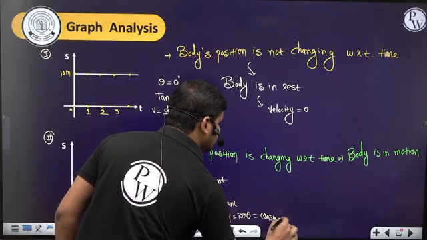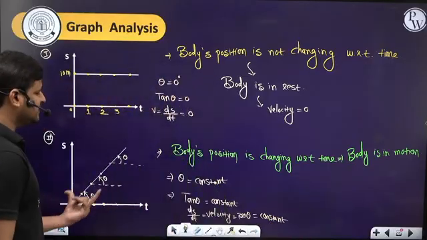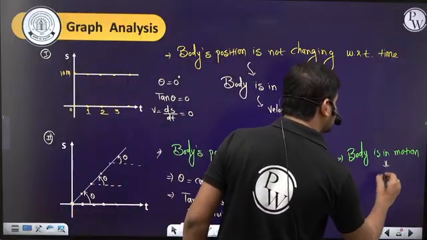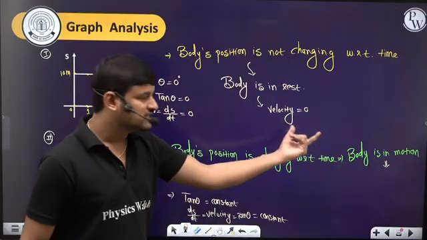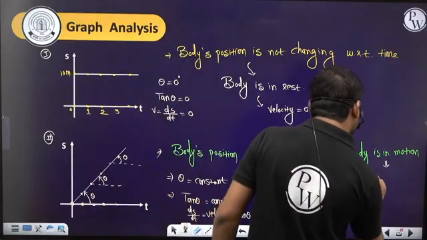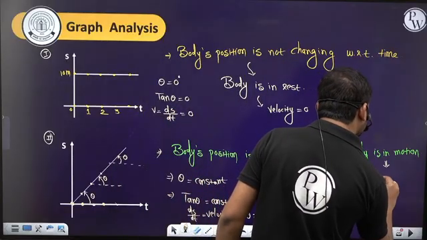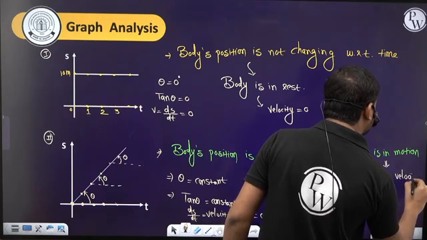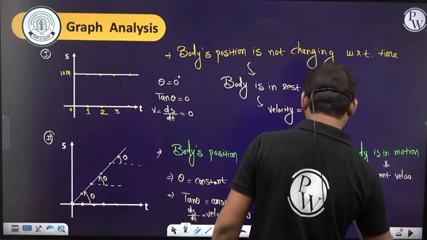That means the body is moving with a constant velocity. So the body is in motion, but in which motion is it? The body is moving with constant velocity. If the body is moving with constant velocity, we say the body is in uniform motion, right?